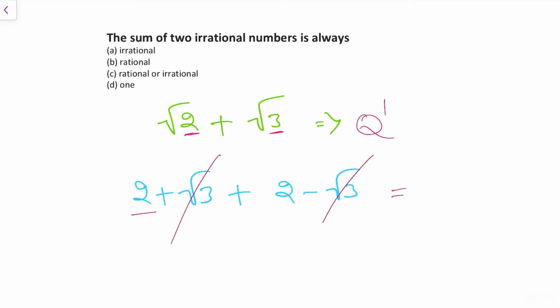So we remain with 2 plus 2, that is 4, where 4 is a rational number. Now if we observe these two cases, in the first case we got an irrational number, whereas in the second case we got a rational number. So we can say that the sum of 2 irrational numbers is rational or irrational. So option C is the correct option.